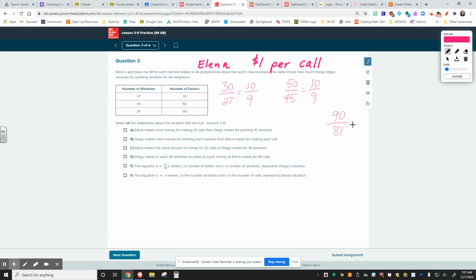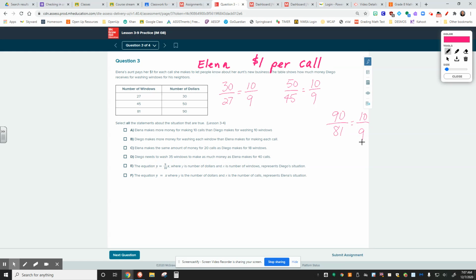And for 90 and 81, both divide evenly by 9. So we see that in all of these pieces, they all reduce down to 10/9. So we know that this is a proportional relation because all of the y values vary directly as the x value. We have a constant rate going on here.